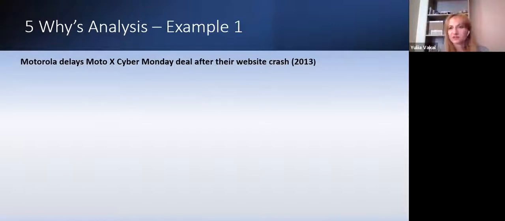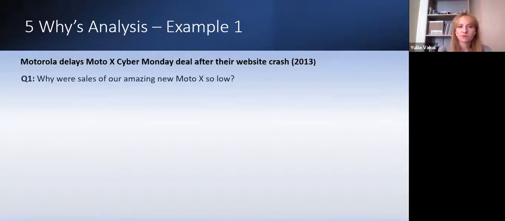People started buying, and the website crashed. So what was the problem? The problem was that Motorola delayed selling its new mobile phones on Cyber Monday due to their website crash. So how should we start?